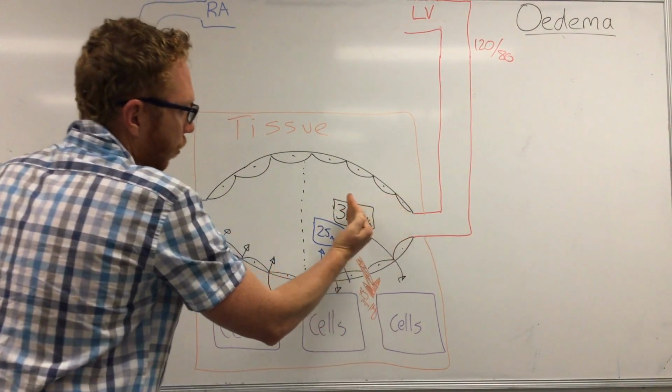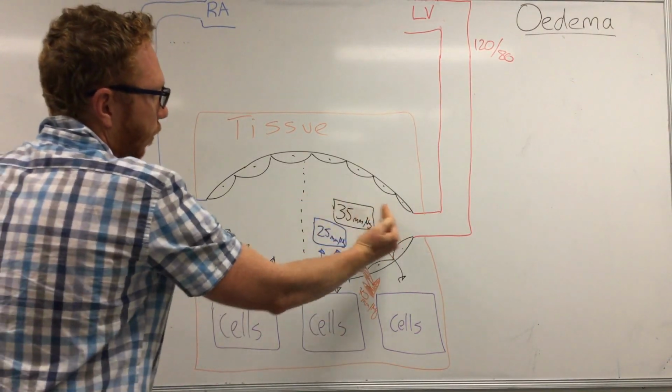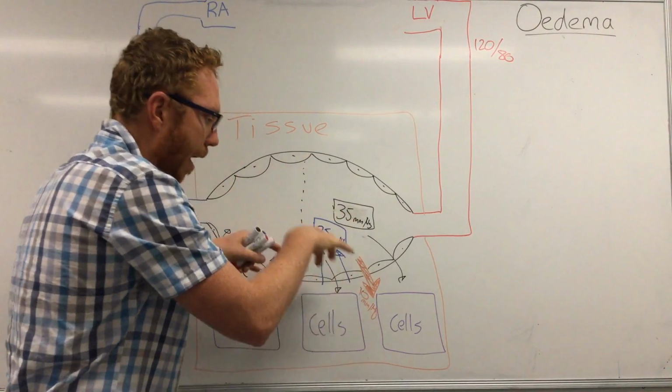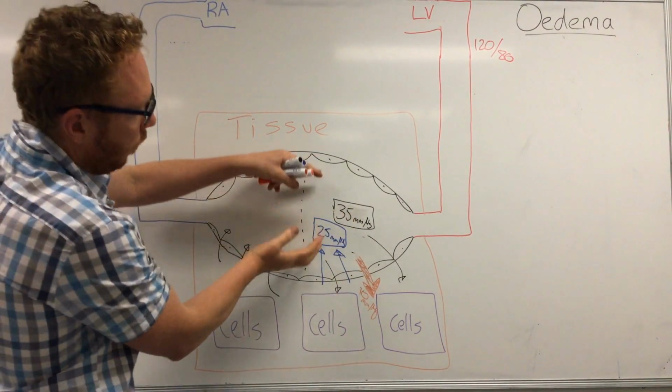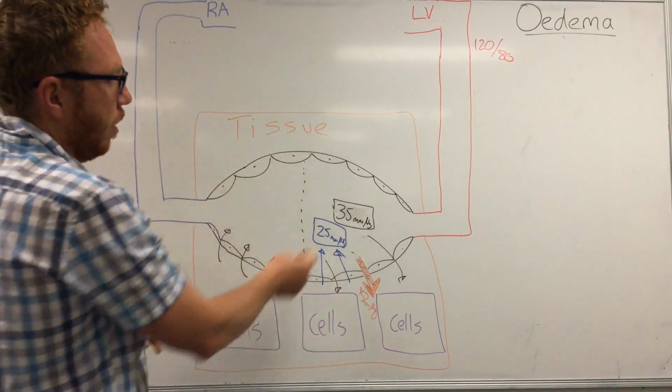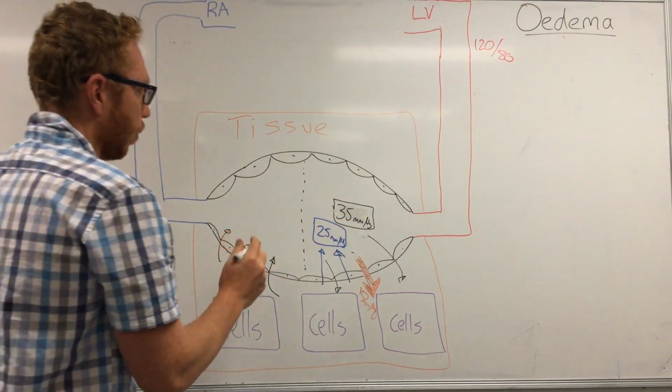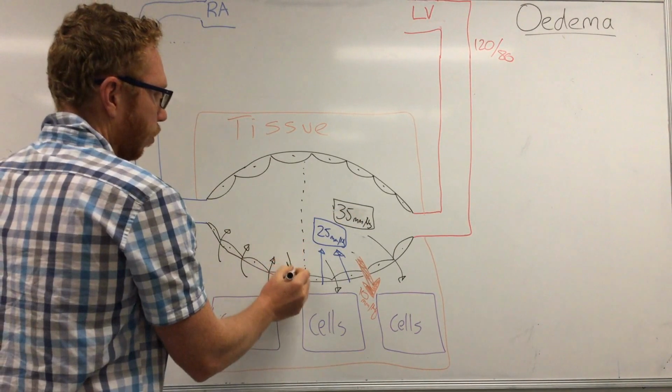So as we move through the capillary bed, not only are we losing fluid out, but because we're getting to a bigger diameter, the hydrostatic force will start to drop. So that's the fluid pushing out.